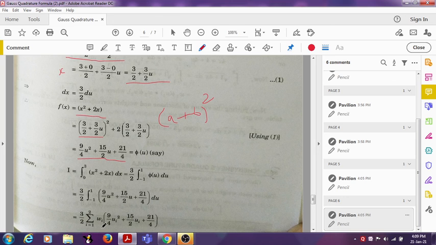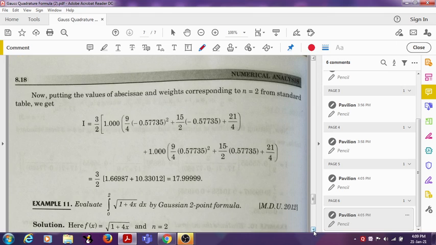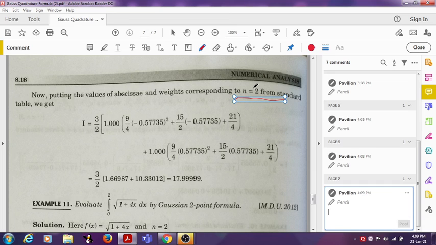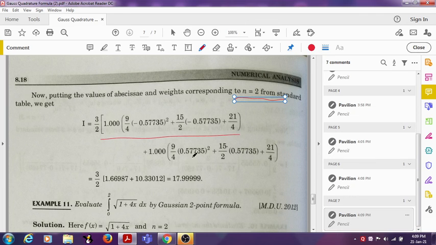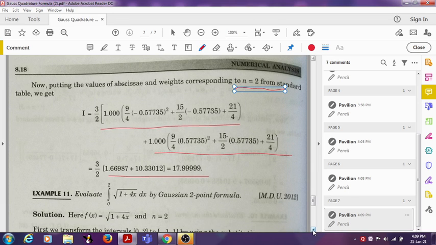First take the value of i equal to 1, then 2. So we get two sets of values, u1, u2 and w1, w2, and these values can be put from the standard table corresponding to n equal to 2. So we substitute these values and simplify the calculation, and the result will be 17.99999, that will be approximately equal to 18.